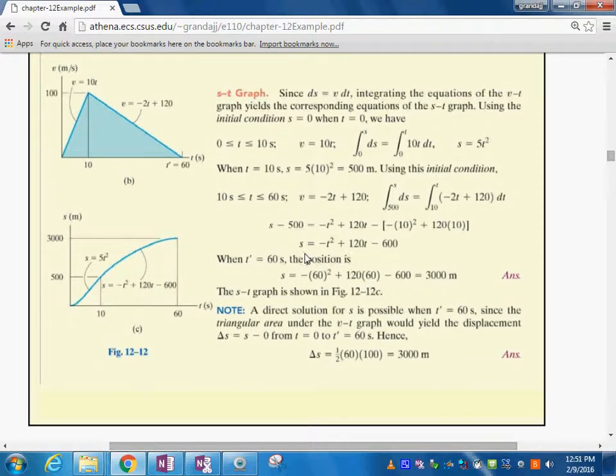Okay, so the position here is minus t cubic plus 12 times, substituting in here, you know that s is equal to minus t squared plus 120t minus 600, if you add everything.